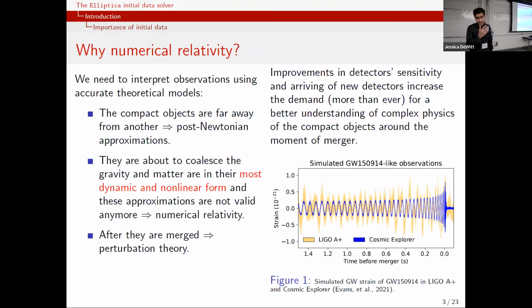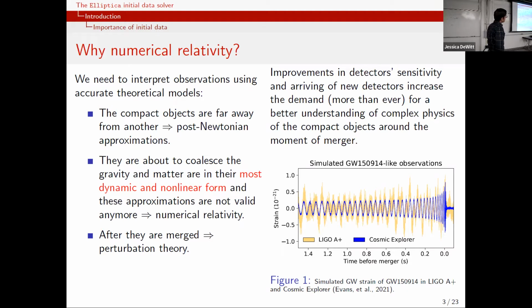Furthermore, we know that detector sensitivity is increasing, and new detectors are coming. So I want to emphasize the importance of numerical data for the next decades. For example, in figure 1, the yellow signal shows a gravitational wave similar to GW150914, observed by LIGO, which is upgraded LIGO.